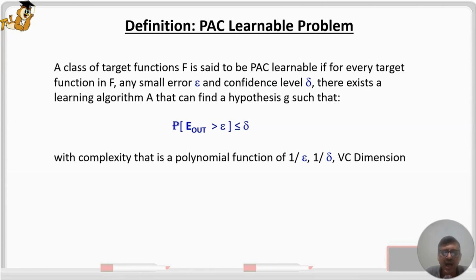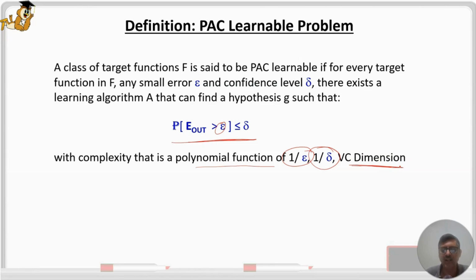A class of target functions f is said to be PAC learnable if for every target function in f, any small error epsilon given to us and any confidence level delta given to us, there exists a learning algorithm A that can find a hypothesis g such that the probability of E out being higher than epsilon is less than delta, with a complexity that is a polynomial function of 1 over epsilon, 1 over delta, and the VC dimension of the hypothesis set.